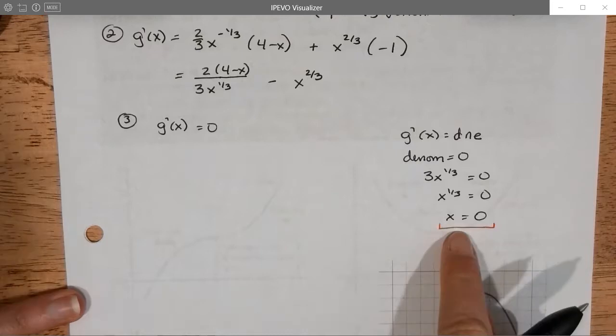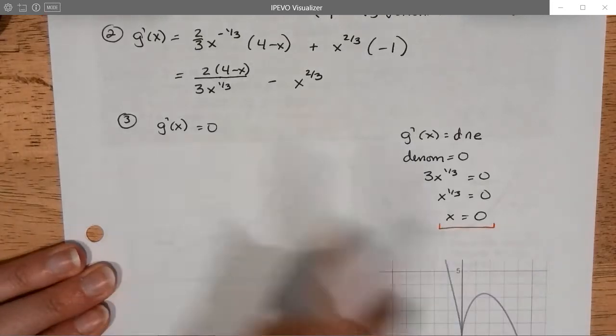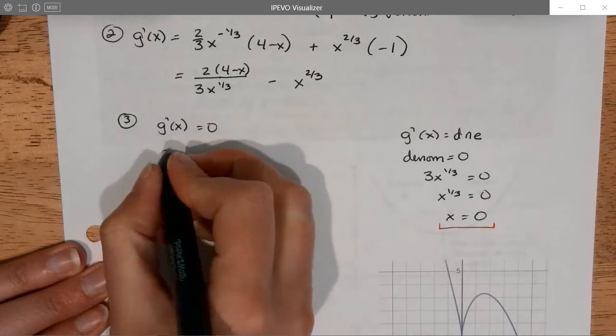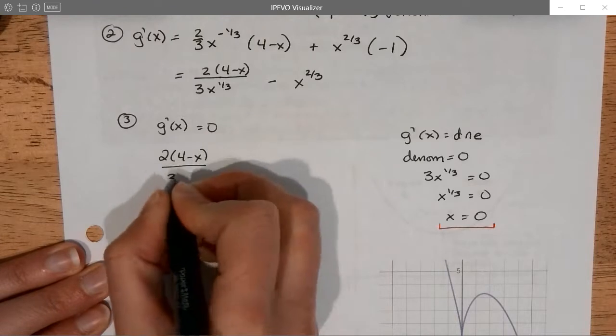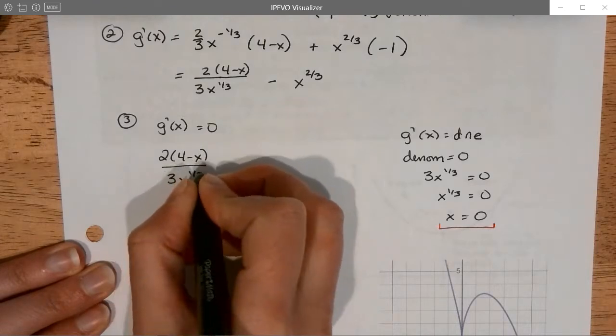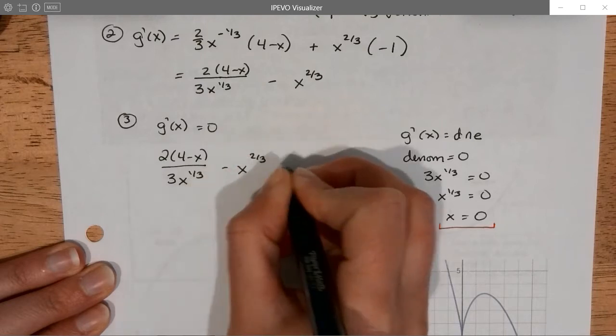I should get a few more critical values by setting the derivative function equal to 0. So back over here, we have 2 times 4 minus x over 3x to the 1/3, minus x to the 2/3, equal to 0.